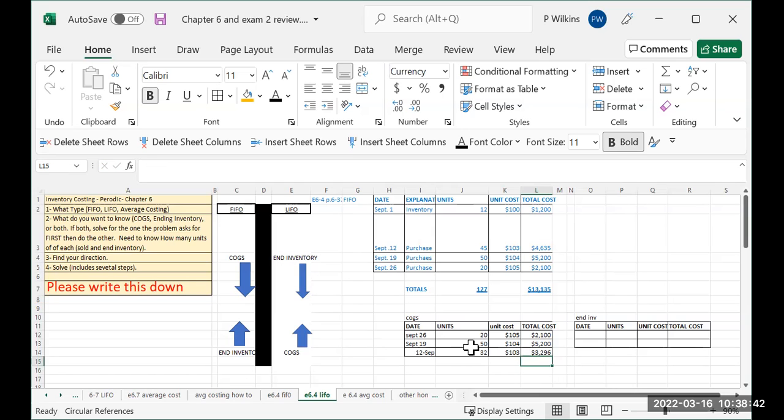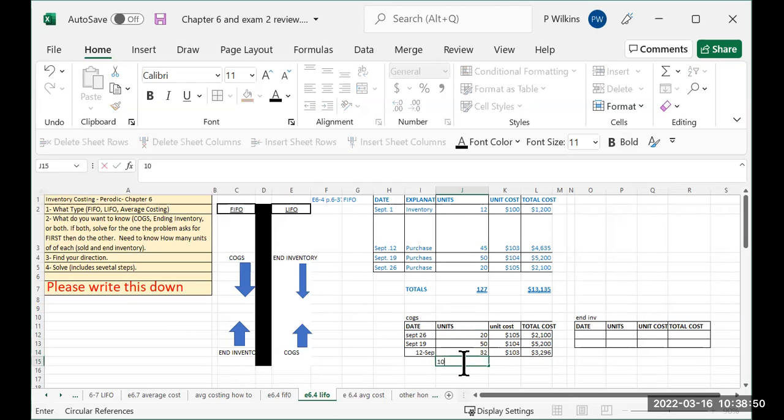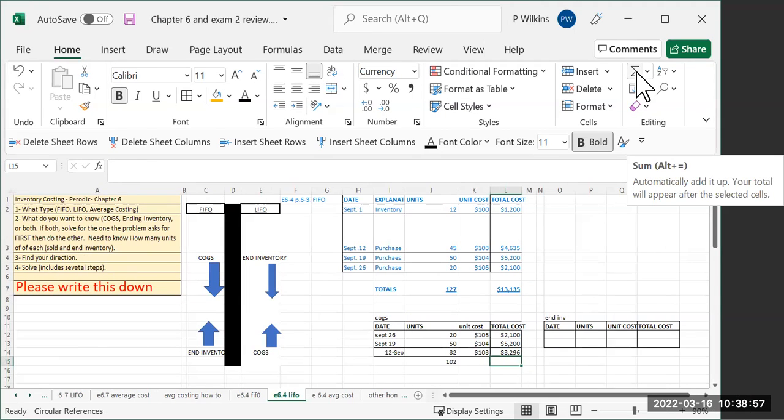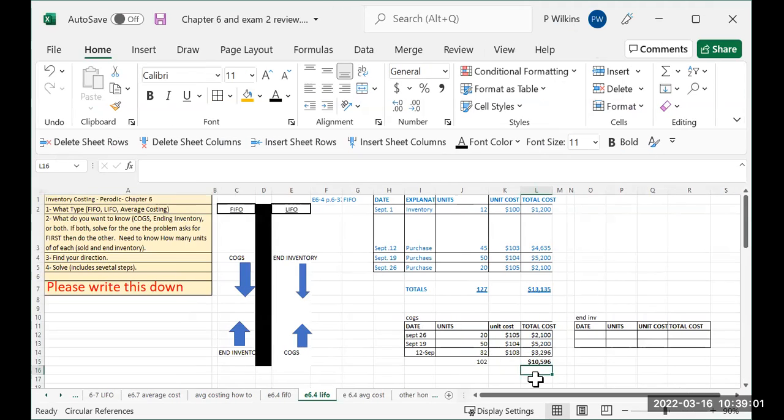Now we have our total number sold: 20 plus 50 is 70, plus 32 gives us 102, the number the problem told us. Then we add up 2,100 plus 5,200 plus 3,296, and that gives us our total cost of goods sold of $10,596.